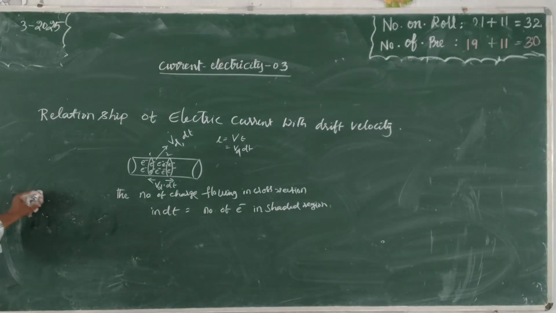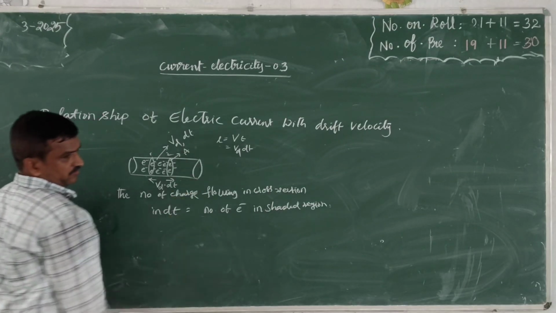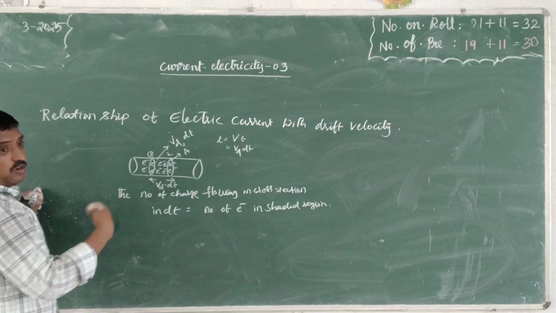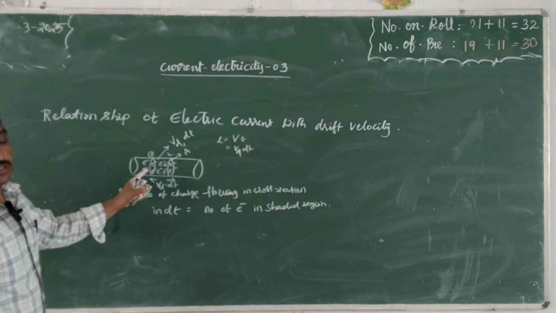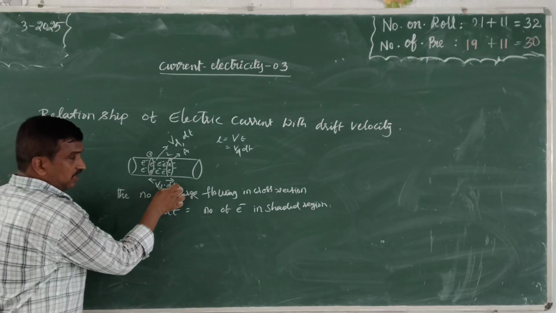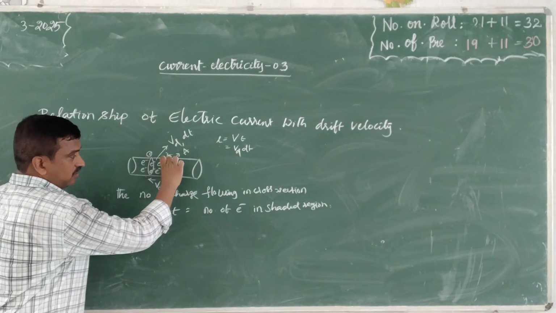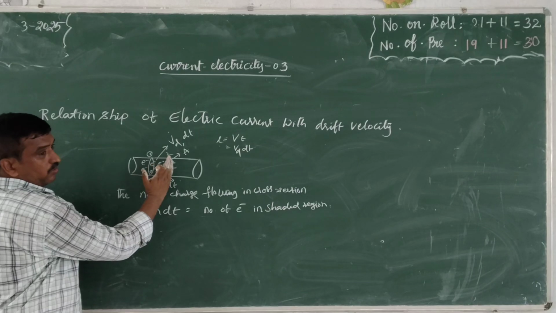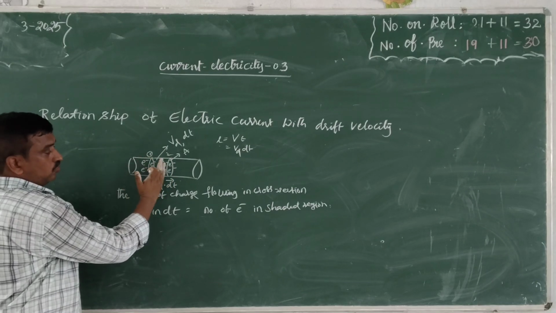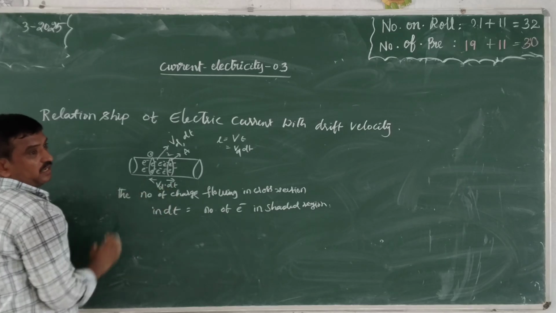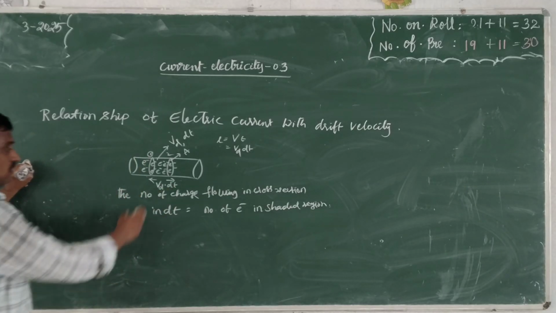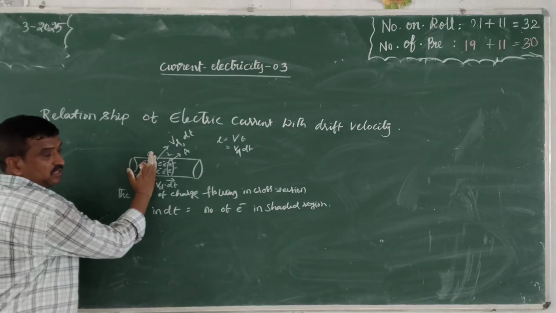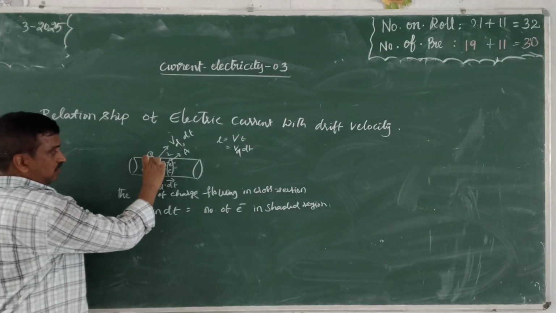Here its area of cross section is A. In this region, the number of electrons passing through the cross section of the conductor in dt time, the number of charges passing through the cross section in dt time, we call it electric current. In this dt time, this number of charges passes through this area of cross section.